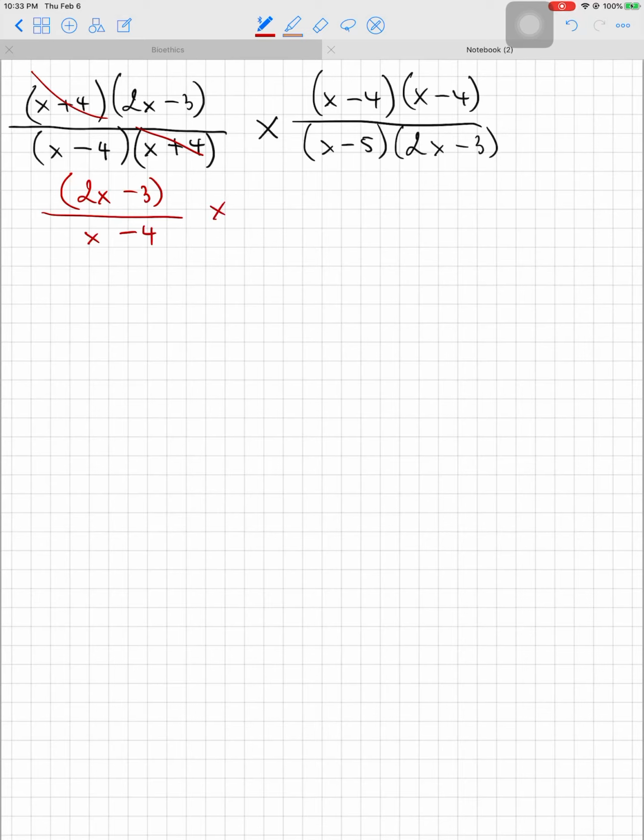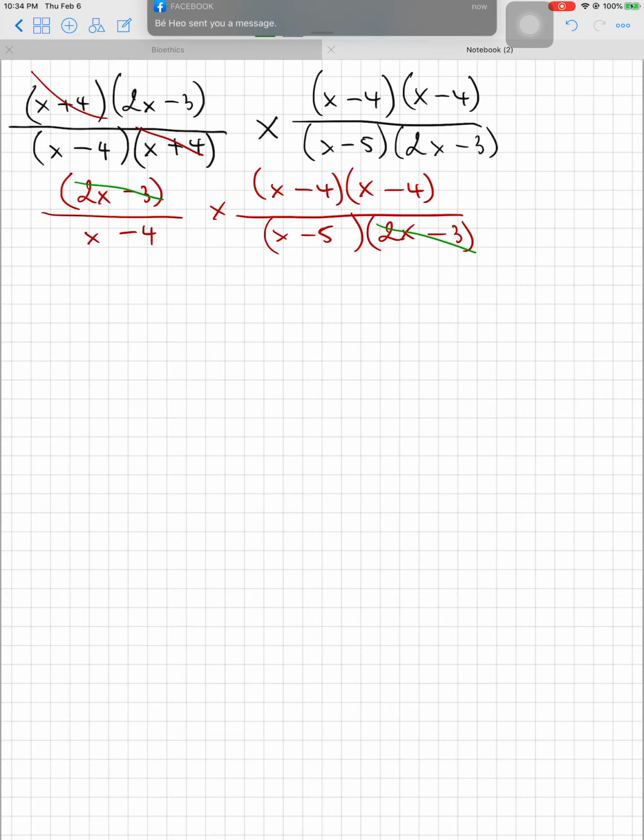We'll multiply this by x minus 4, x minus 4 over x minus 5 and 2x minus 3. So look at this, we can cross out this. Let me change it to 3.